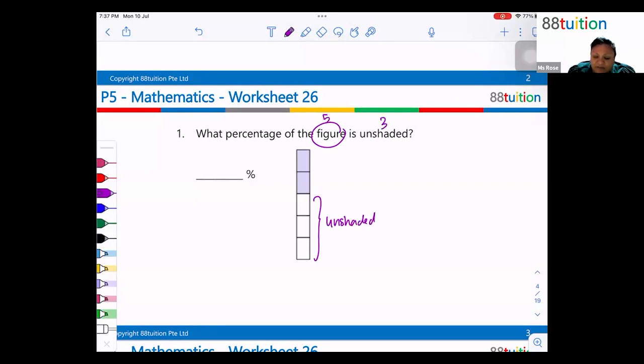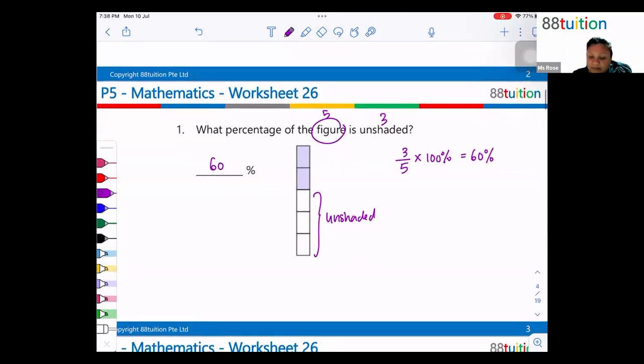The entire figure is 5. So 3 out of 5 of the figure is unshaded. To get the percentage, you multiply by 100% to give you 60%. So this is 60. All right.